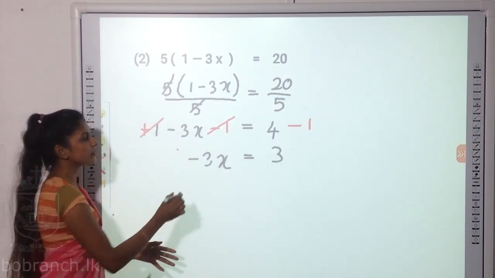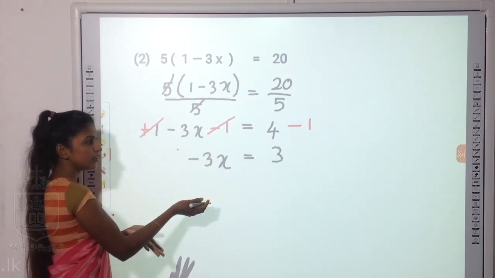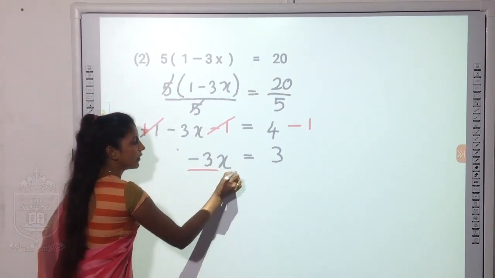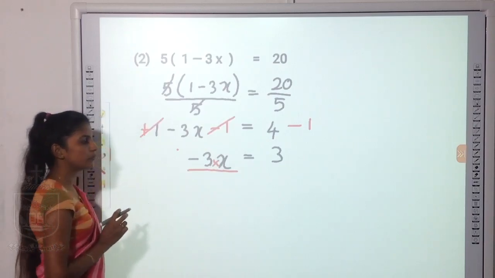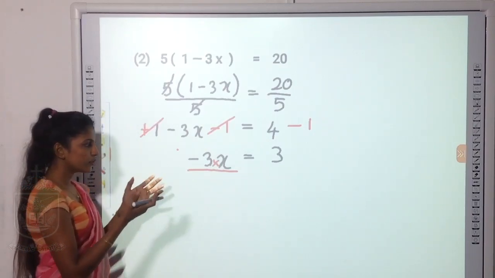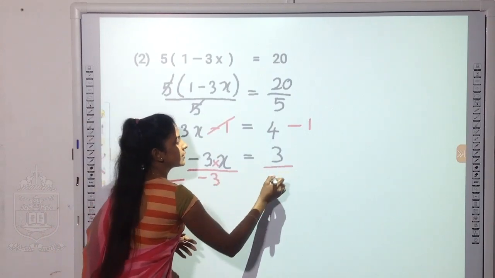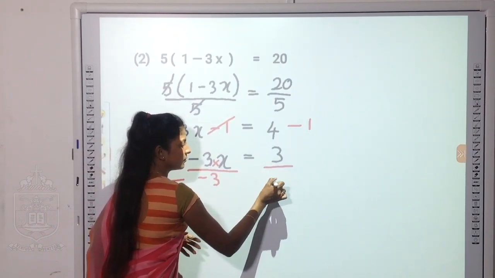Right, and next you can see minus 3 should be removed. So in order to remove minus 3, you can divide, because it is multiplication between minus 3 and x. So you can divide this side by minus 3, this side also by minus 3.